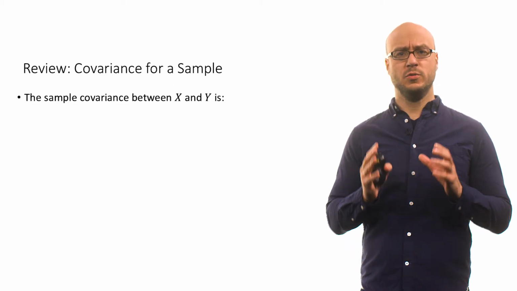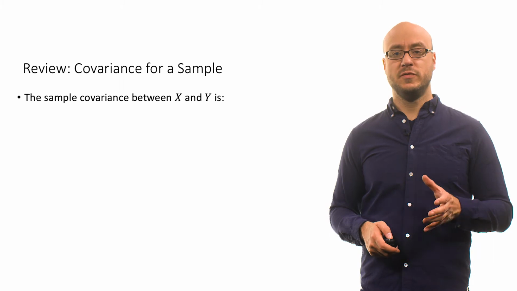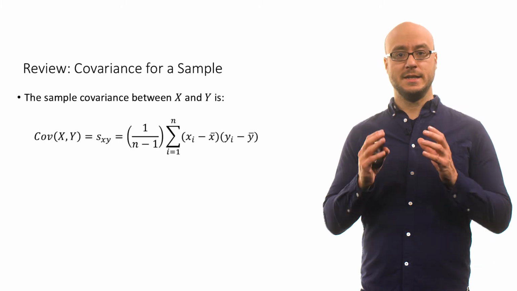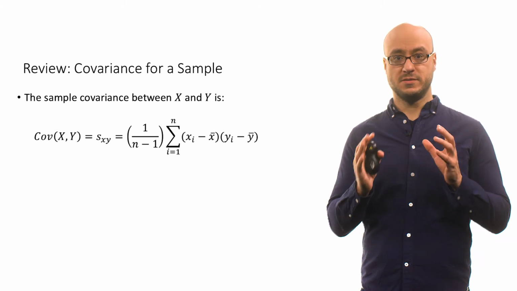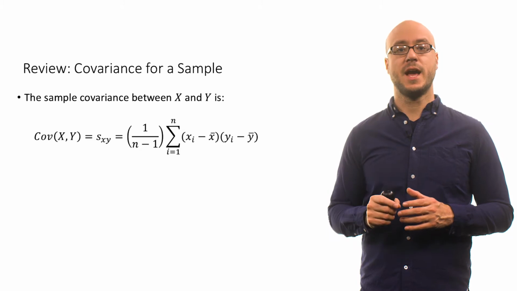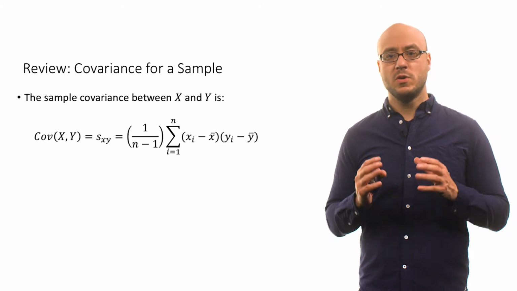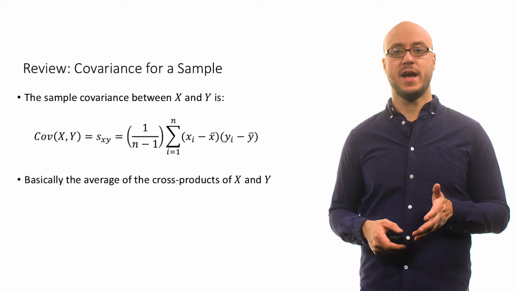So let's review the covariance and correlation for a sample. The sample covariance between two variables, x and y, is denoted by COV(x, y), with parentheses around the x and the y. Sometimes it's called S subscript xy. And it's basically just the average of the cross products of x and y.